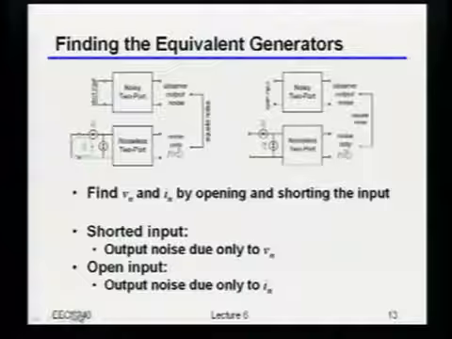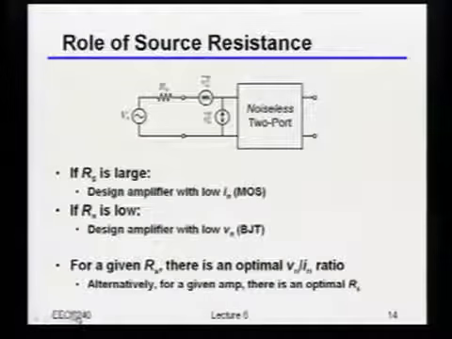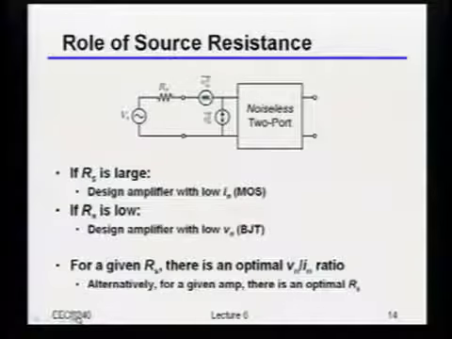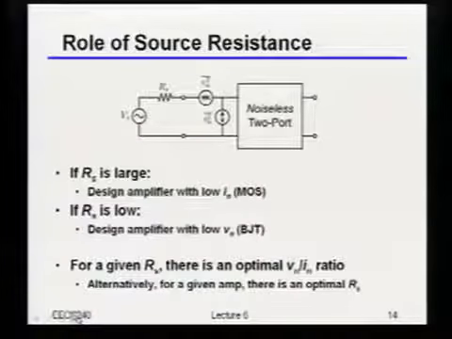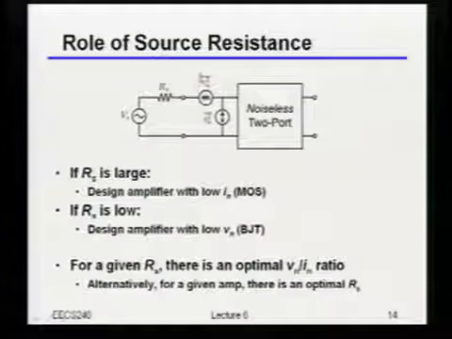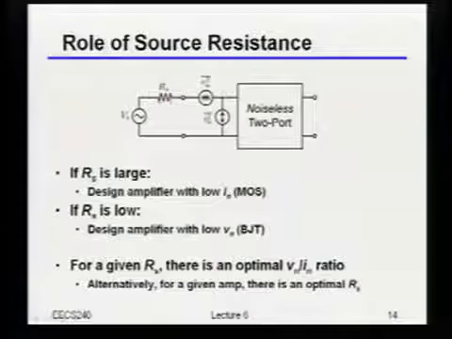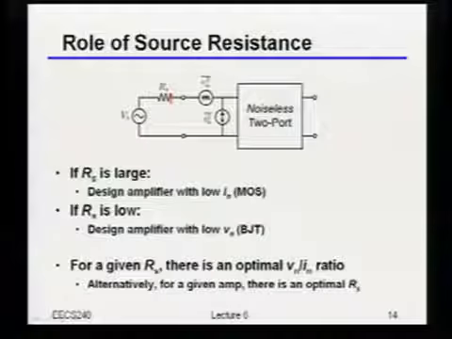And we said that under that condition, because I might potentially have both, I need to figure out the best impedance to use to drive this particular amplifier. Depending upon whether I'm mostly dominated by voltage noise or current noise, changing the source impedance changes the relative contribution of those two terms to the actual noise at the output.